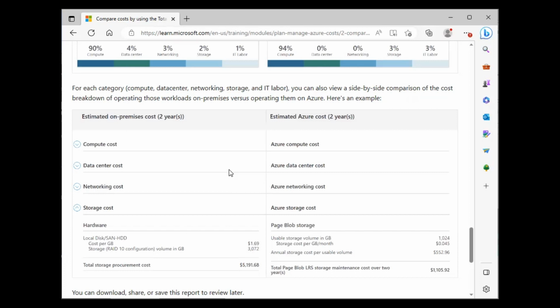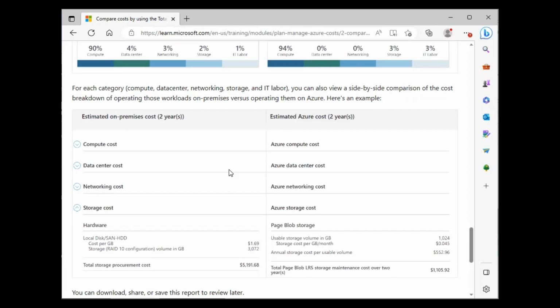Okay, in estimate Azure cost 2 years: Azure compute cost, Azure data center cost, Azure networking cost, Azure storage cost, page blob storage. Use the storage volume in gigabytes. One gigabyte. And storage cost per gigabyte per month.